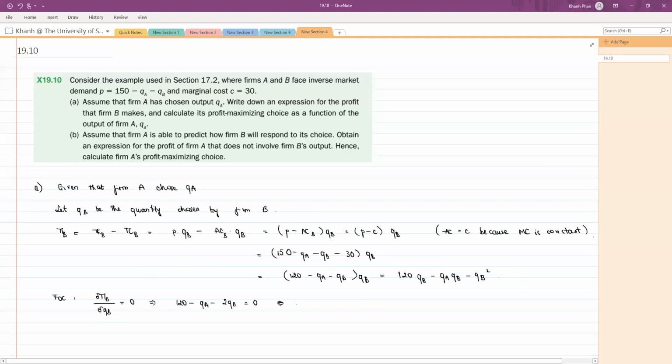If I solve this equation for QB, I get 2QB equal to 120 minus QA, and therefore QB is 60 minus half of QA. This is the quantity that firm B is going to choose, so I'll put a star over here, to maximize firm B's profit in terms of QA. This is called a best response function.